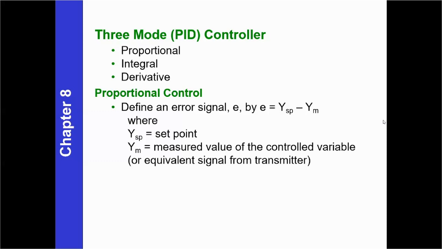So in this case, if you have y_SP as the set point and y_M as the measured value of the control variable, then the error signal, or the difference between the set point and the measured value, reflects the equivalent signal from the transmitter.